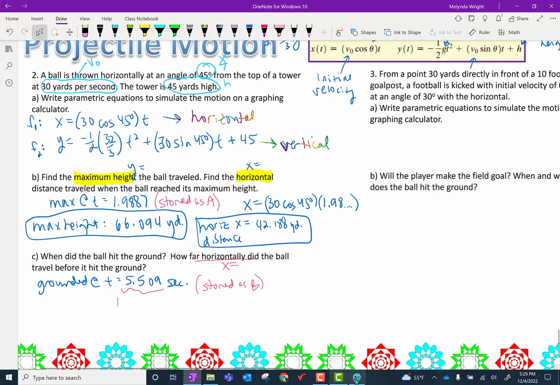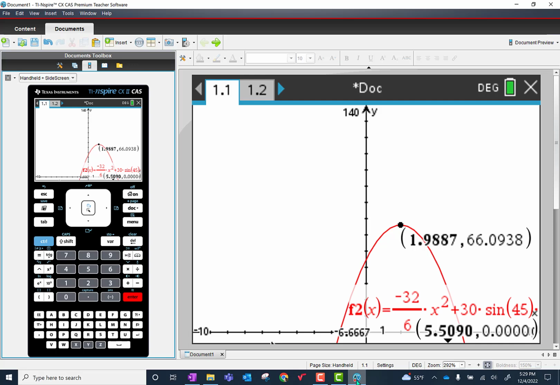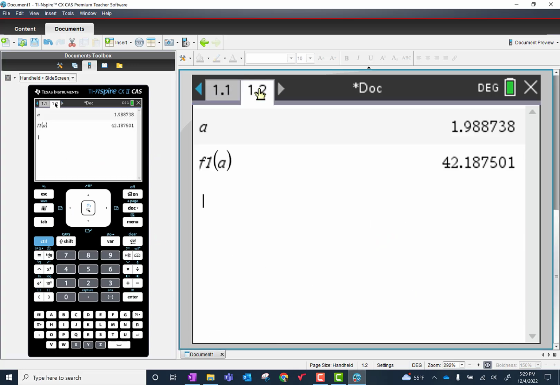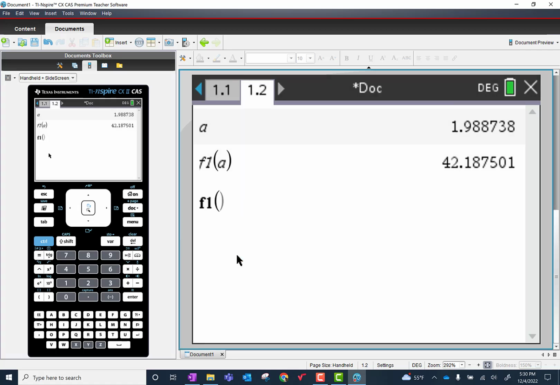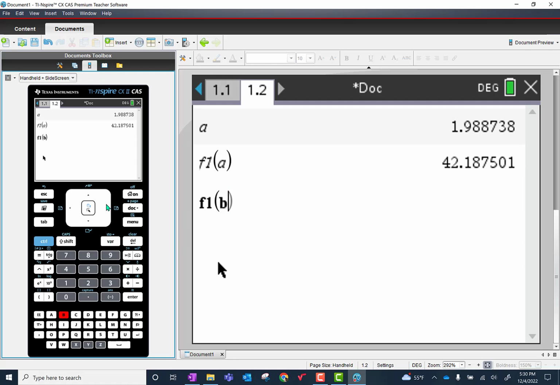So let's go back to our graph. Let's go to our calculator page, and I need my x equal equation again, which is this one. This time I want to put B in there, right? Because that's the time when the ball hit the ground. So Control Enter. And now I have how far horizontally, because this is an x equal equation. Remember, x is horizontal.